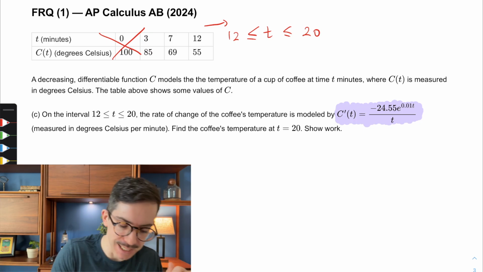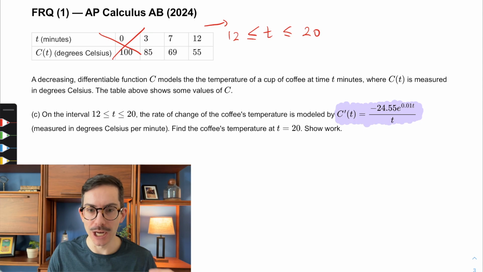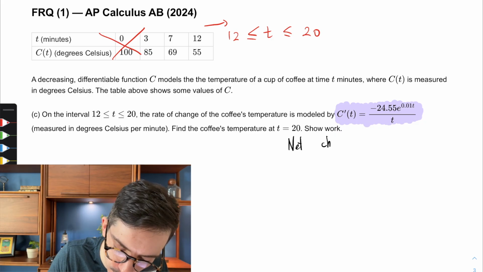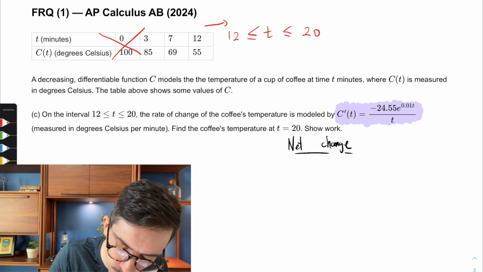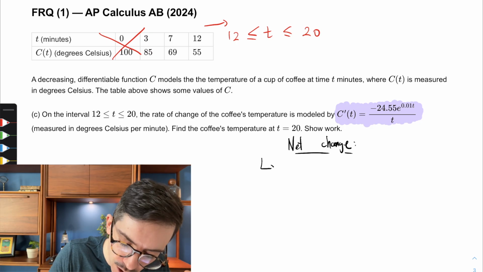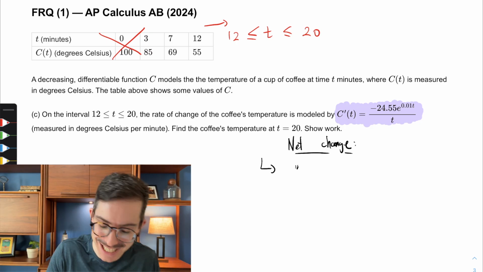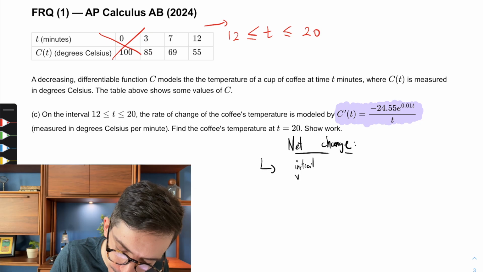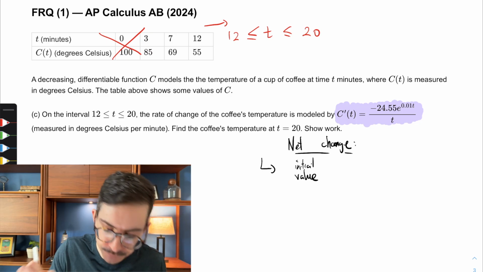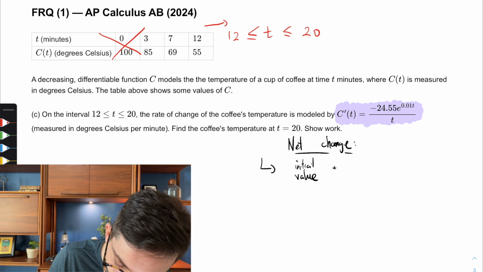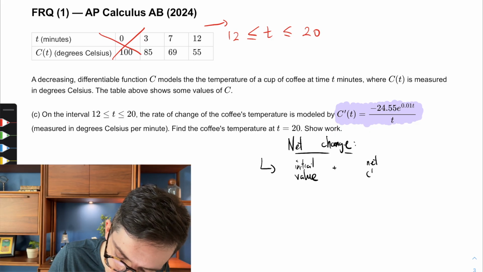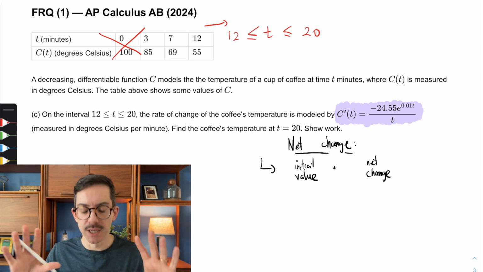Well, this is a standard net change problem. We have the net change theorem, if we want to be fancy about it, but we're going to think about this as the initial value plus the net change. There are 2 parts to this calculation.